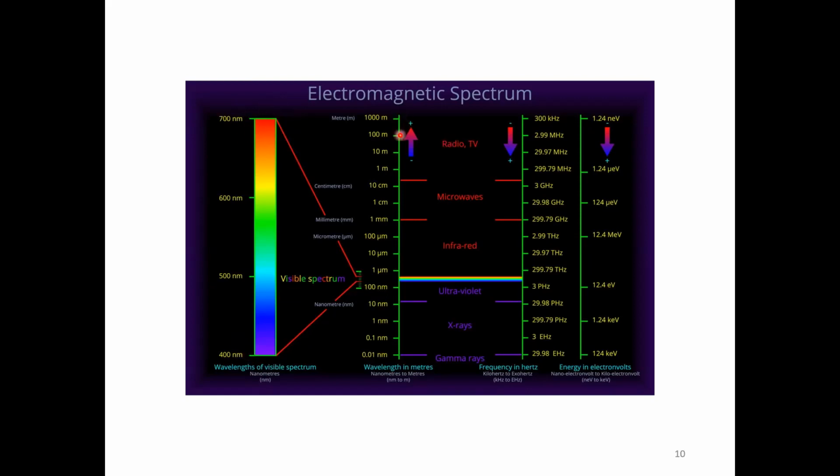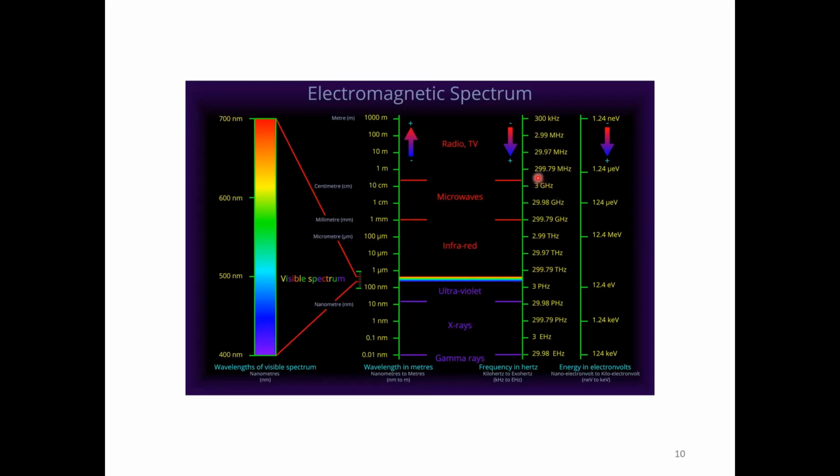Other spectrums are there, like microwaves, infrared, ultraviolet, X-rays, gamma rays. These are harmful for the human body. And these are the radio and TV, 300 kilohertz to 300 gigahertz.